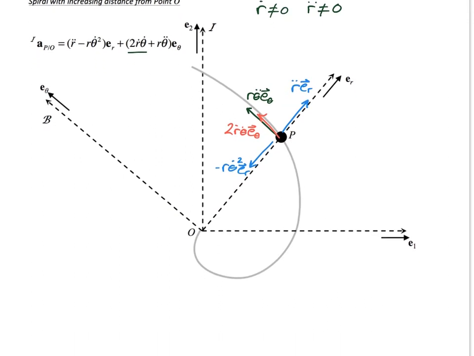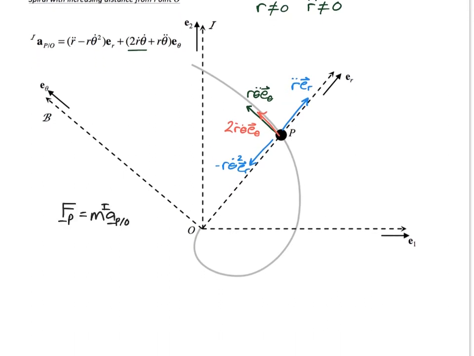Let's apply Newton's second law to it. The left-hand side, just like previous examples, is always based on a free body diagram. Here our free body diagram of particle P has a force F sub r in the e_r direction and then F theta in the e_theta direction.